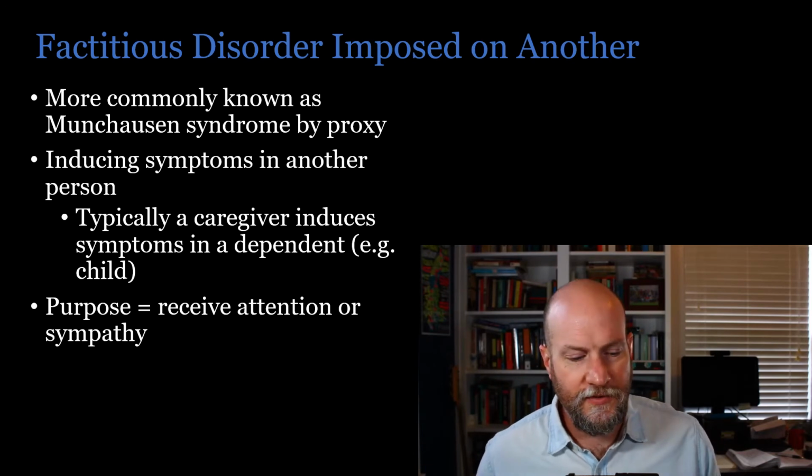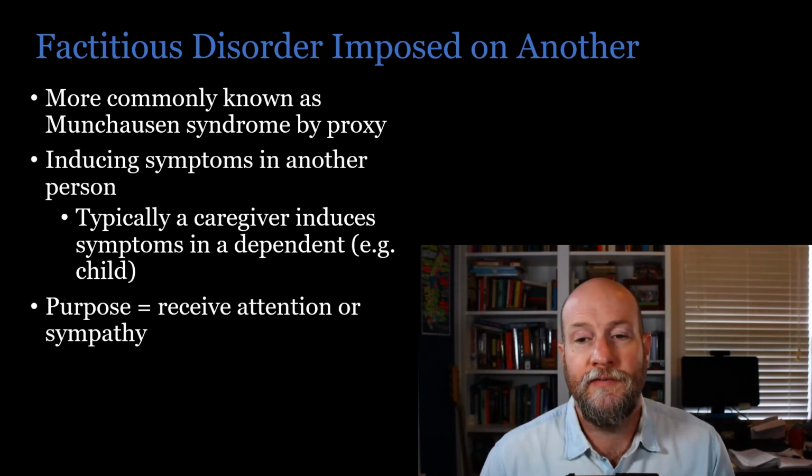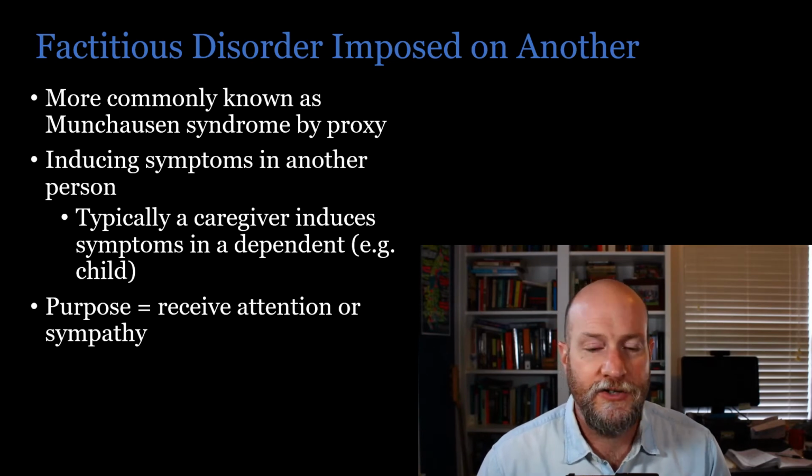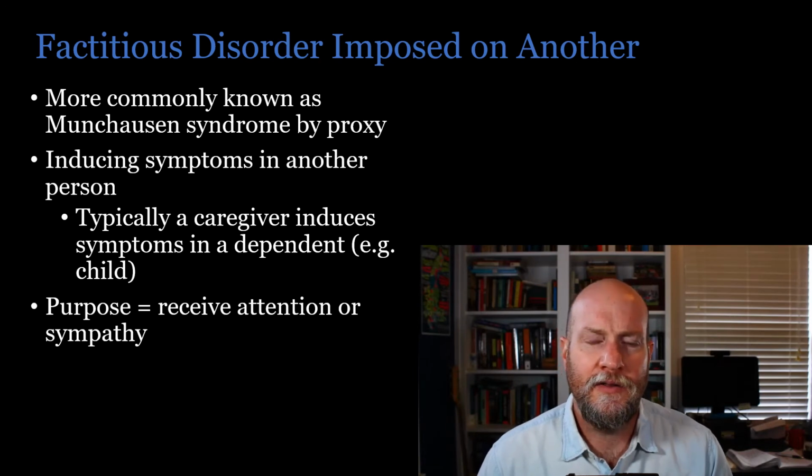So this is when someone's doing it to themselves, right? But there is a phenomenon called factitious disorder imposed on another. If you watch a lot of Law and Order SVU, I'm sure you've probably seen an episode about this. It's something that I think is just fascinating to people because it is very odd and difficult to understand, but it's commonly known as Munchausen syndrome by proxy.